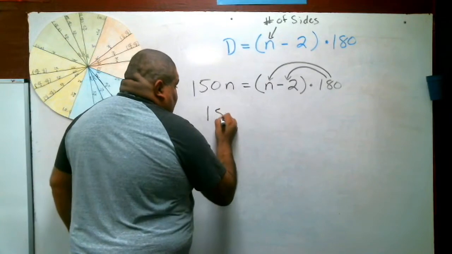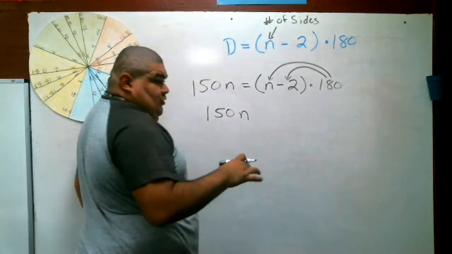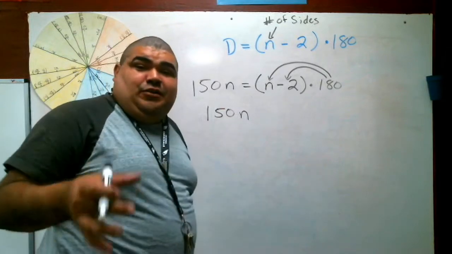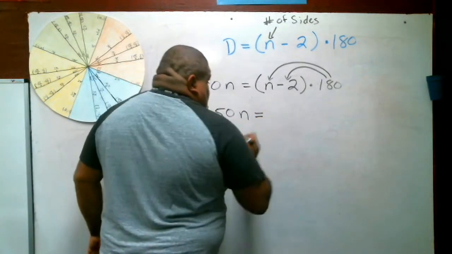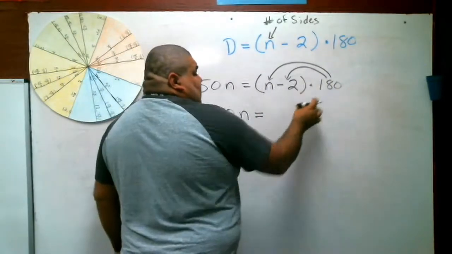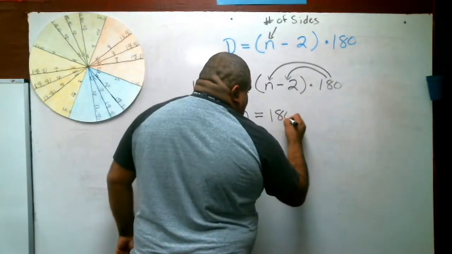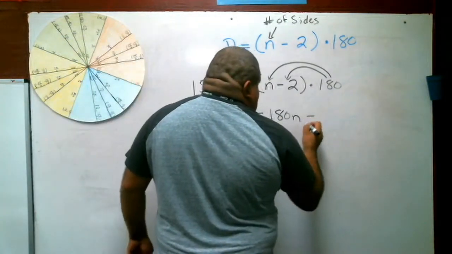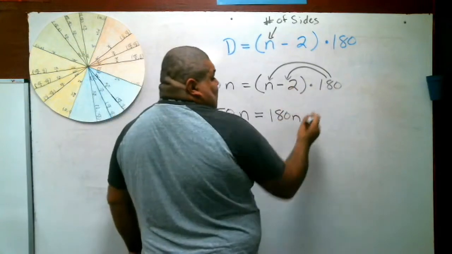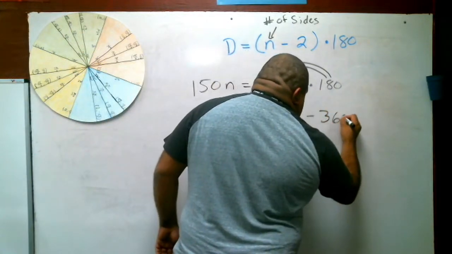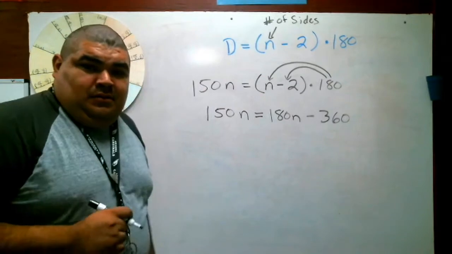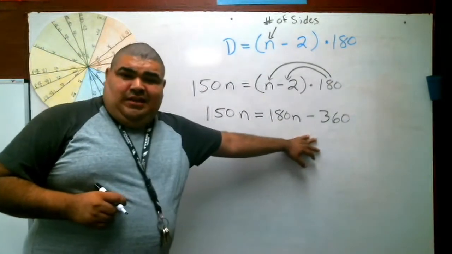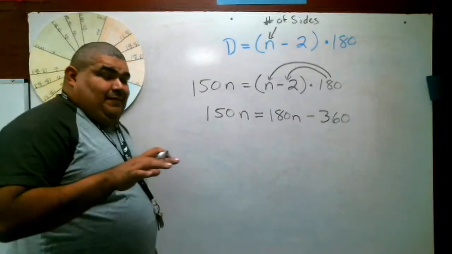We know the whole shape is 150 degrees, equals 180n minus 2 times 180, which is 360. It's starting to look a little more like an equation, right?